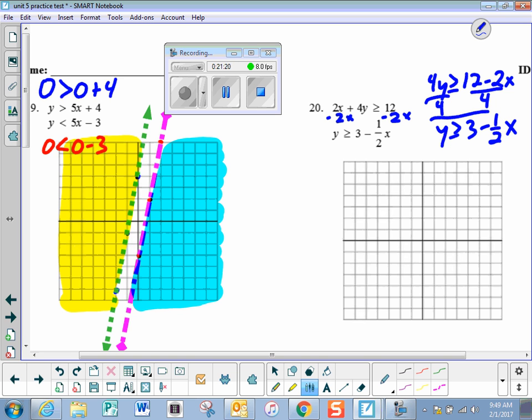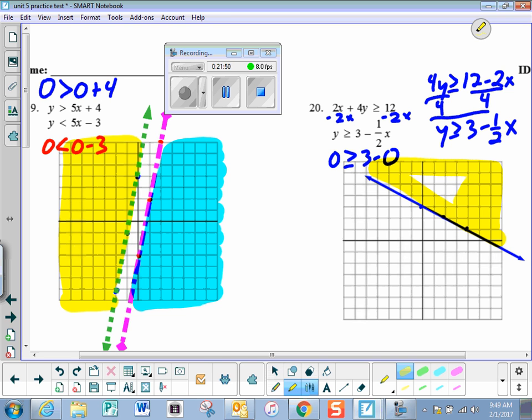Okay, so let's graph it. 3, -1, 2, -1, 2. It is solid. Where do I shade? Does 0, 0 work? Is 0 greater than or equal to 3 minus 0? No.